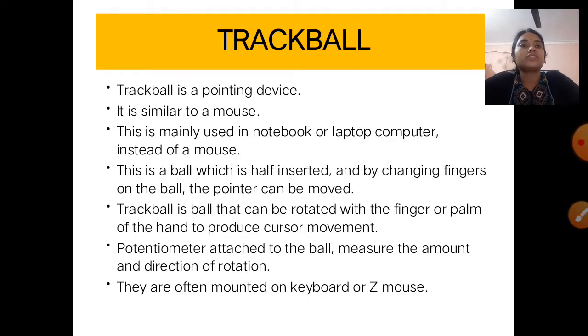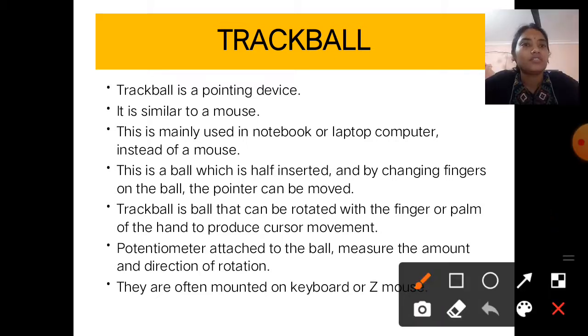Then the next one is the trackball. A trackball is also a pointing device. It is similar to a mouse. It is mainly used in notebook or laptop computers, instead of a mouse.